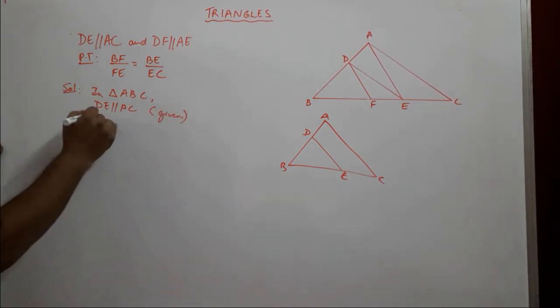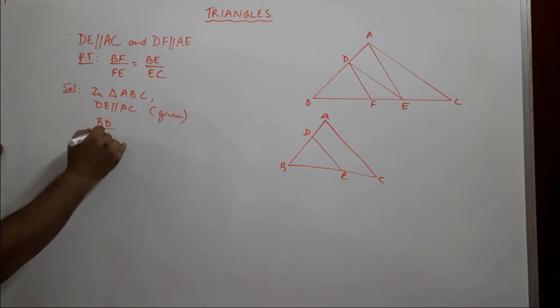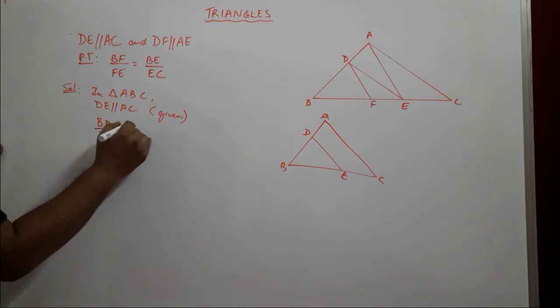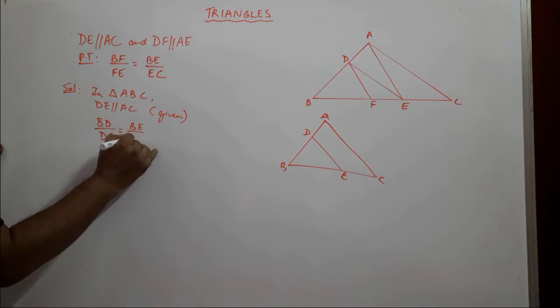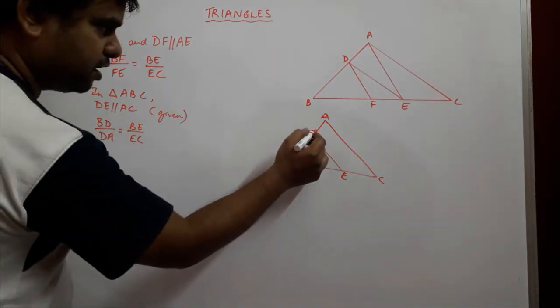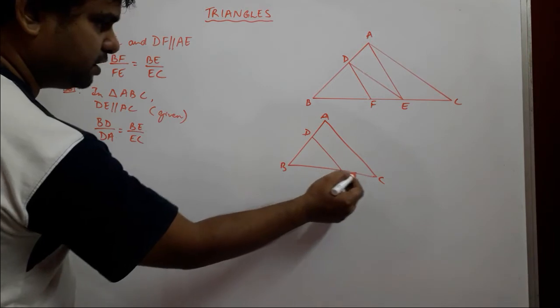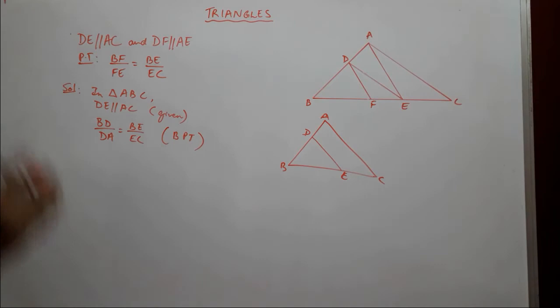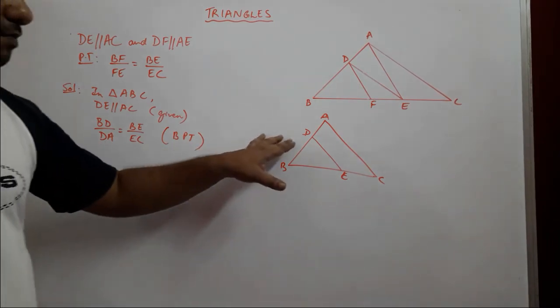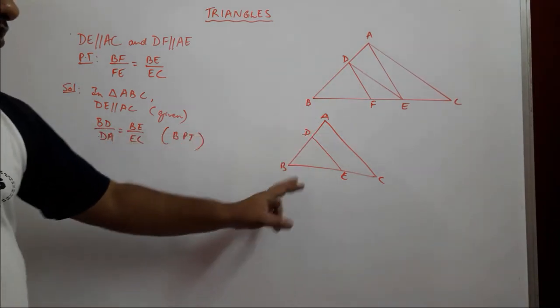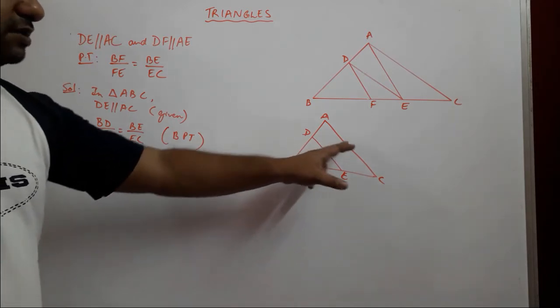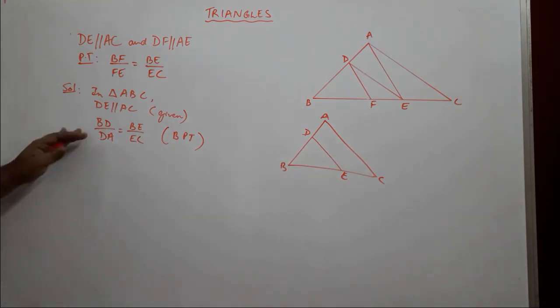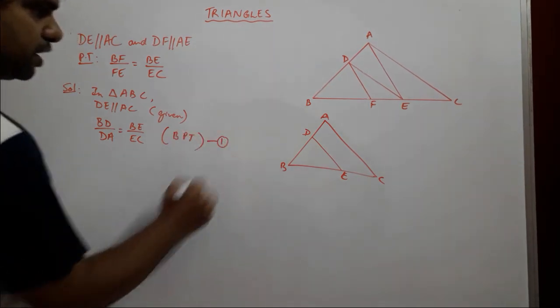So we can say that BD upon DA is equal to BE upon EC by the basic proportionality theorem. This is straightforward, the theorem being applied to this triangle because of two lines being parallel to each other. So we'll mark this as 1.